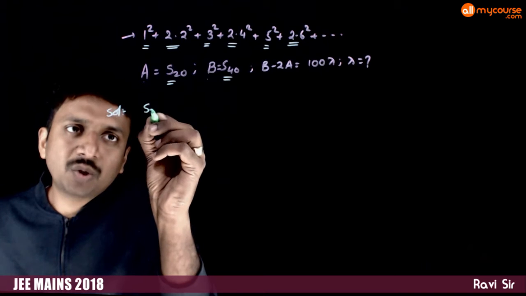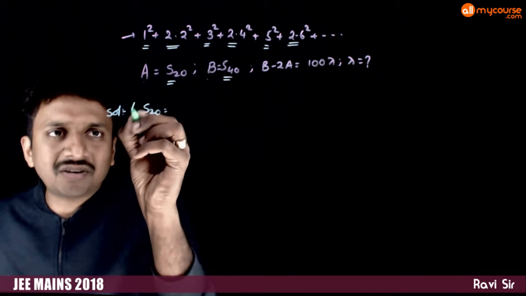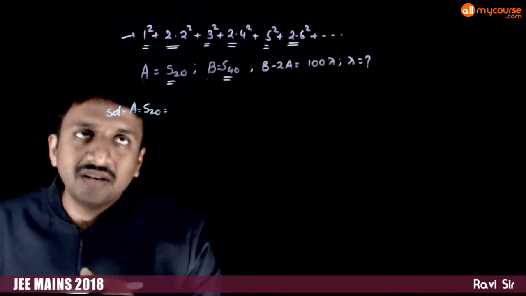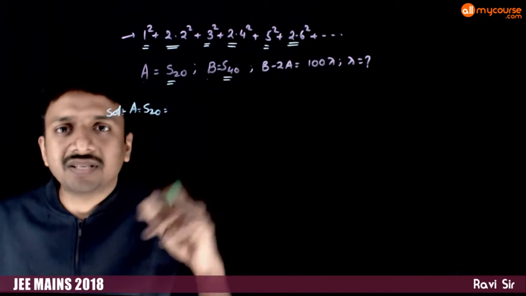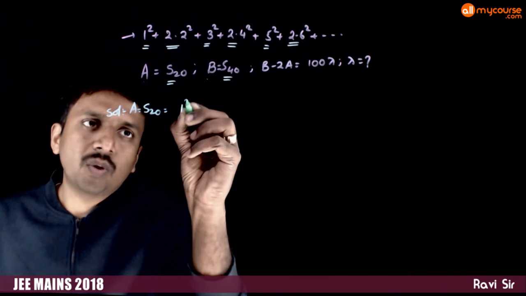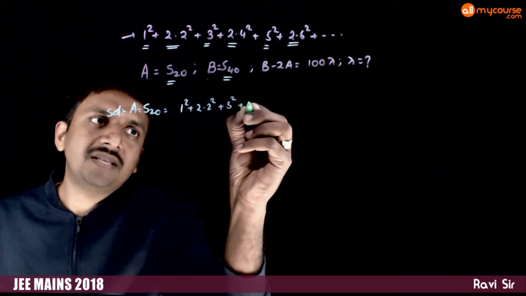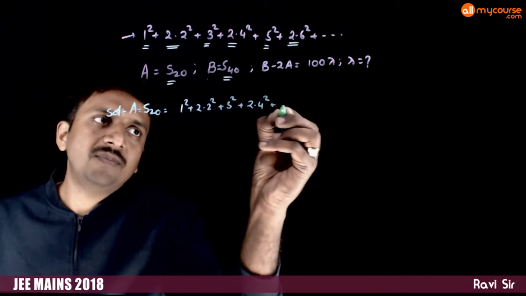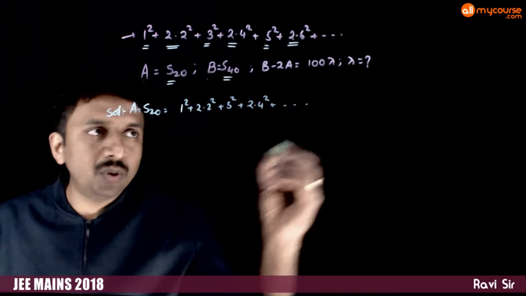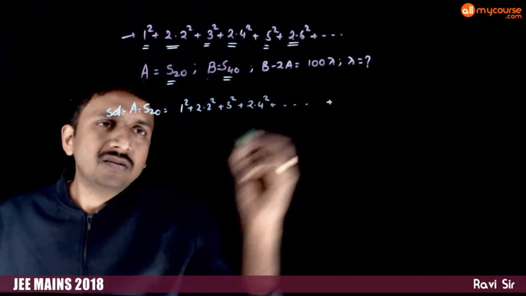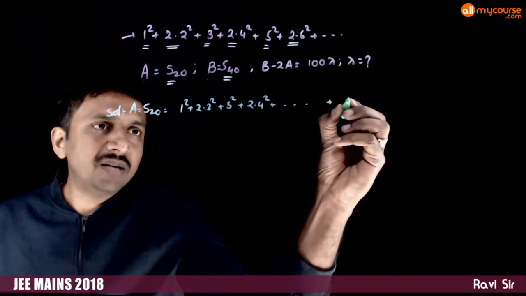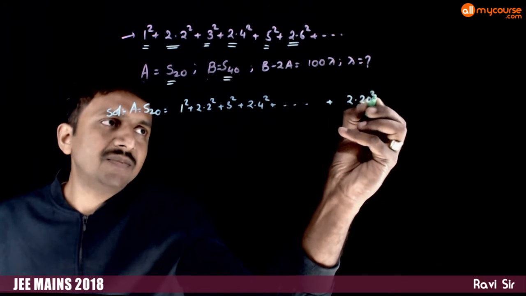So what is S20? Let us try to analyze what A and B are. S20 is the sum of these up to 20 terms: 1 square plus 2 times 2 square plus 3 square plus 2 times 4 square and so on. If you go up to 20 terms, you get 2 times 20 square.